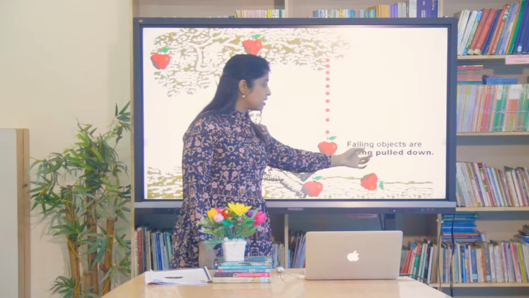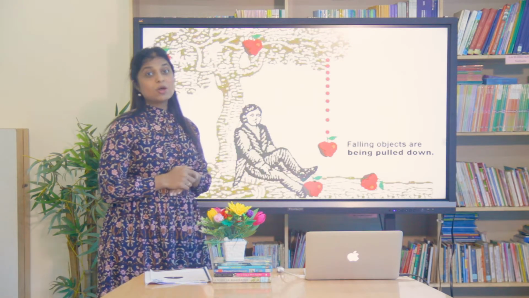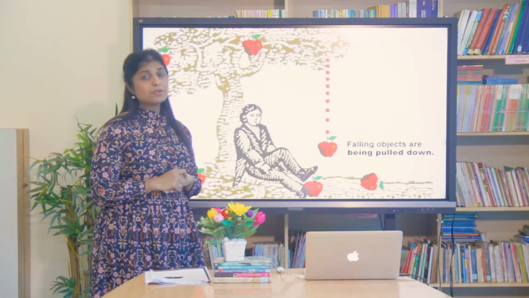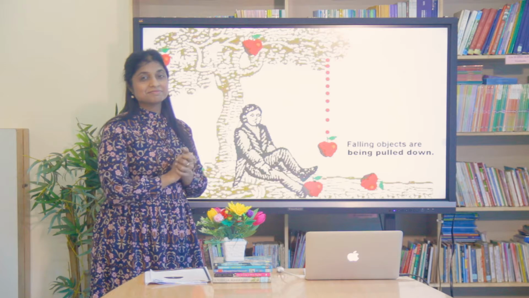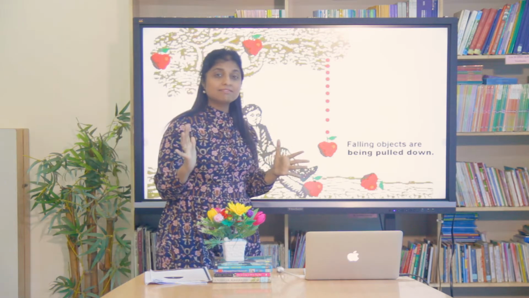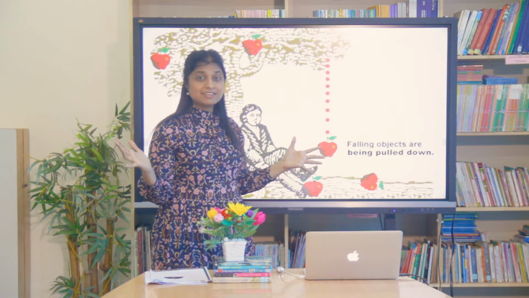Falling objects are being pulled down. So why does something fall down? Can you tell me the term? Yes, you got it right. It is because of gravity, isn't it?